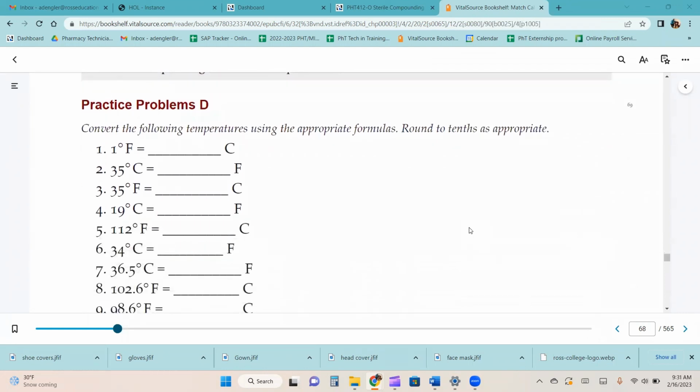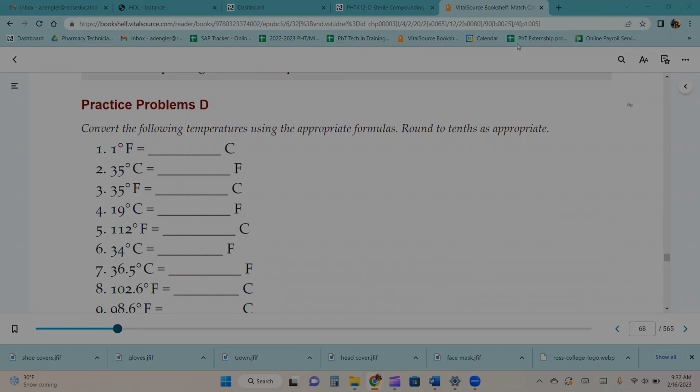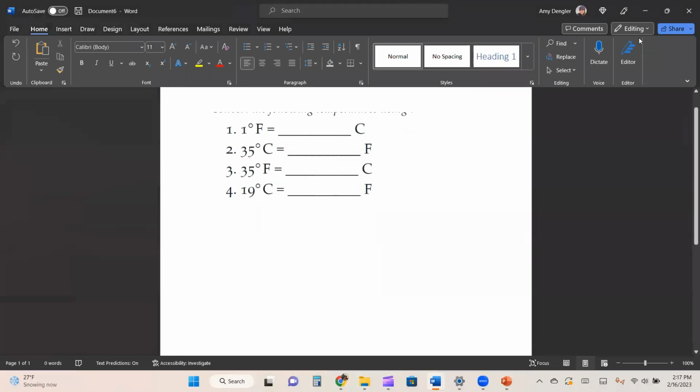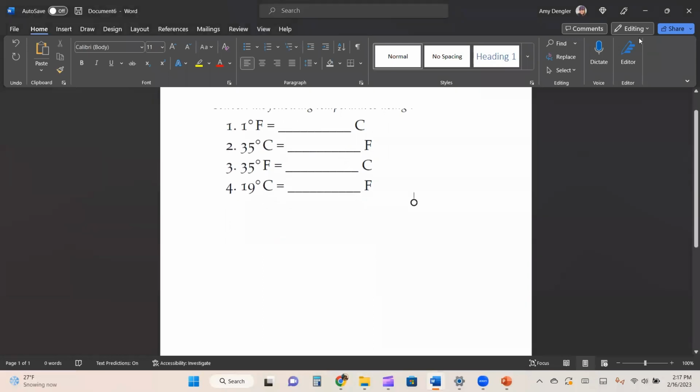All right, so we'll go ahead and do some examples from the practice problems here. Okay, so we're going to do all of these examples here. For the first one, we are going from Fahrenheit to Celsius.